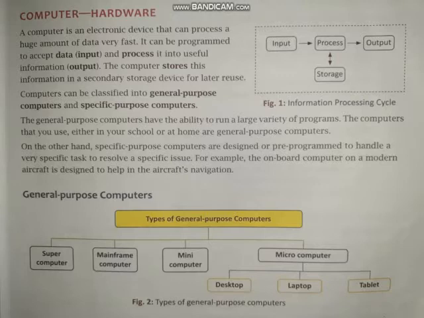A computer is an electronic device that can process a huge amount of data very fast. It can be programmed to accept data, it means input, and process it into useful information. It is output. The computer stores this information in a secondary storage device for later reuse.